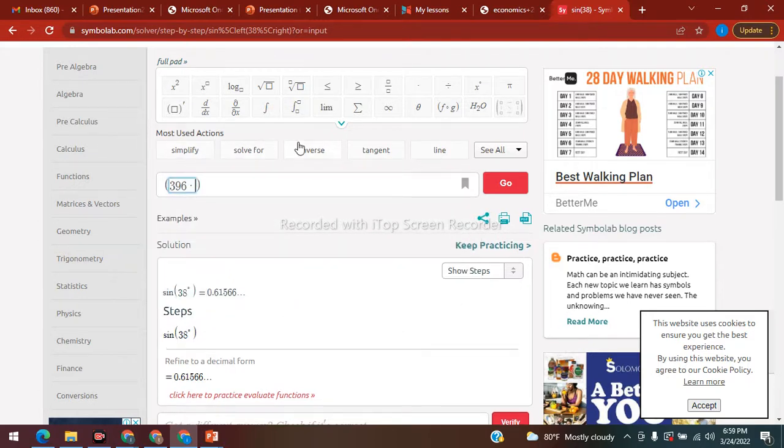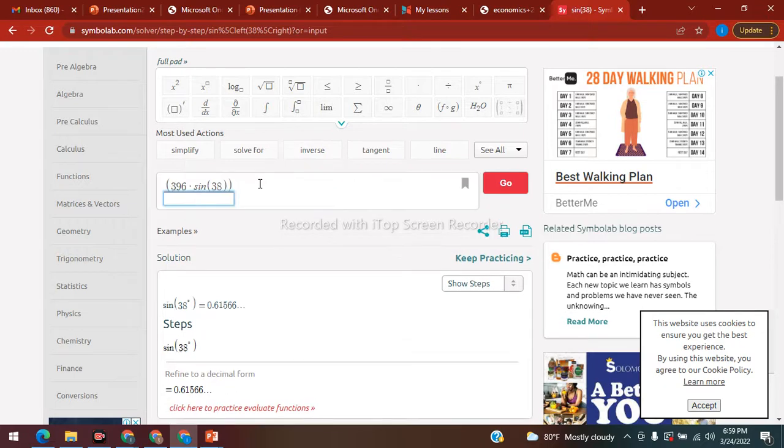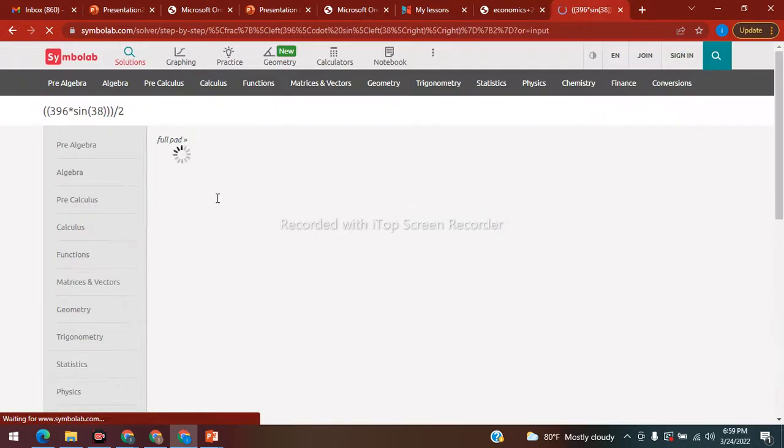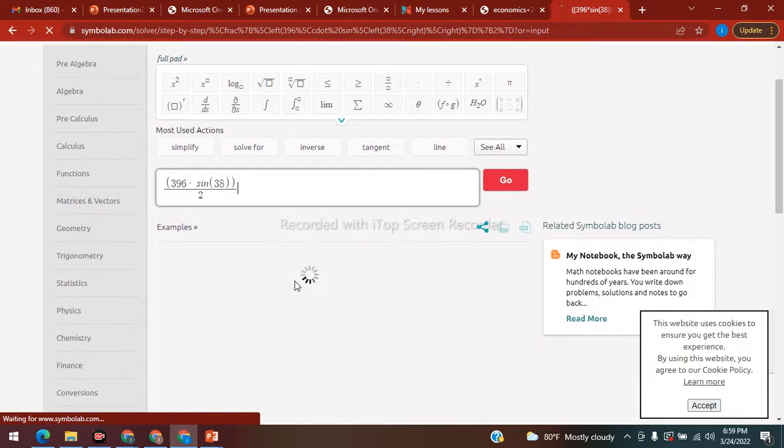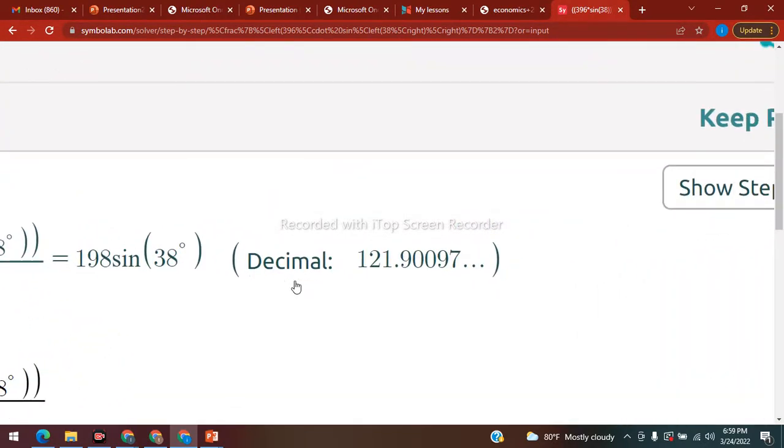I was just checking what sine of 38 was, because Anansi told me she got a decimal. Yeah, 396 times sine 38 divided by 2 is 121.9. Centimeter squared, right?